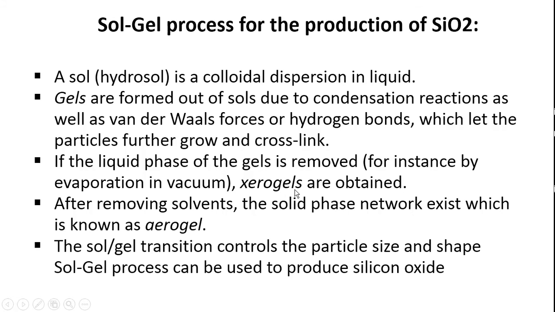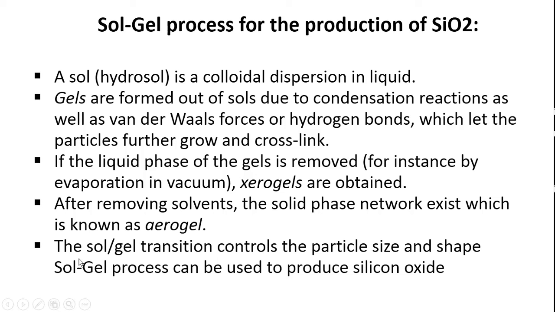Xerogels are formed by evaporation removing the liquid phase of the gel. Once the solvents are removed, the solid phase of the network is retained, and that is what is called the aerogel.